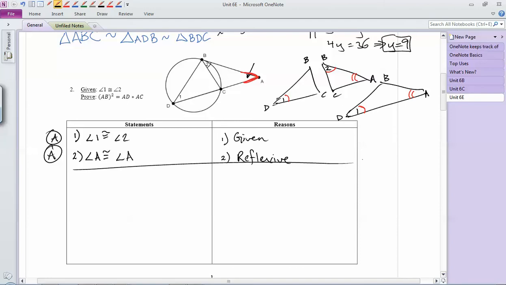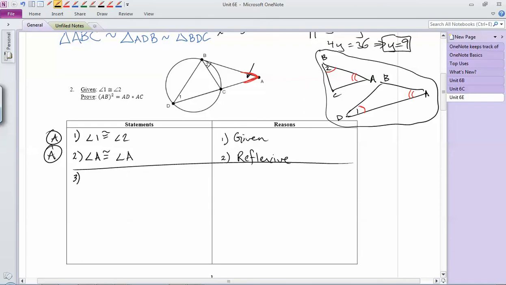All right, now if you look at that, I can't prove all three triangles are similar, but I can prove that these two triangles are similar because I have AA. So I'm actually going to erase this guy for now. That guy's not going to come in handy for this proof. So we're going to use those two triangles.